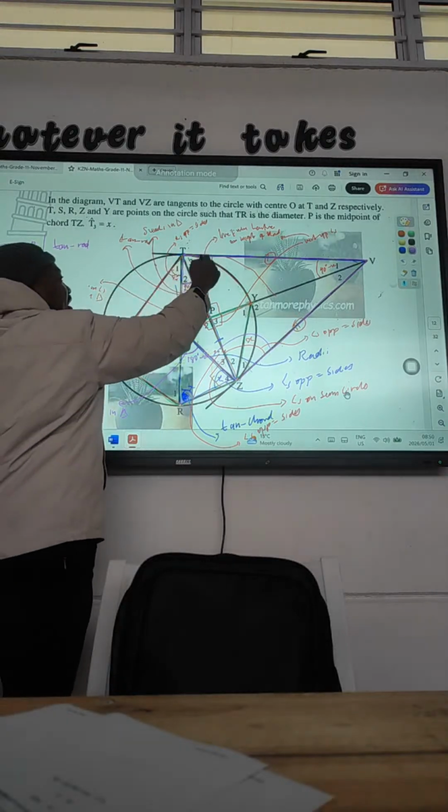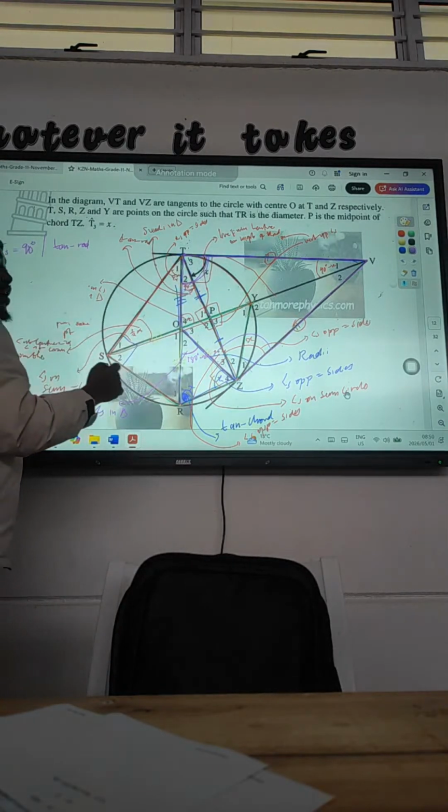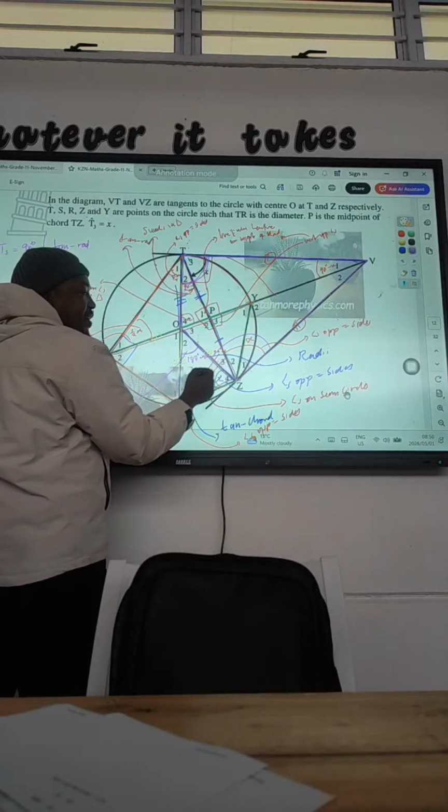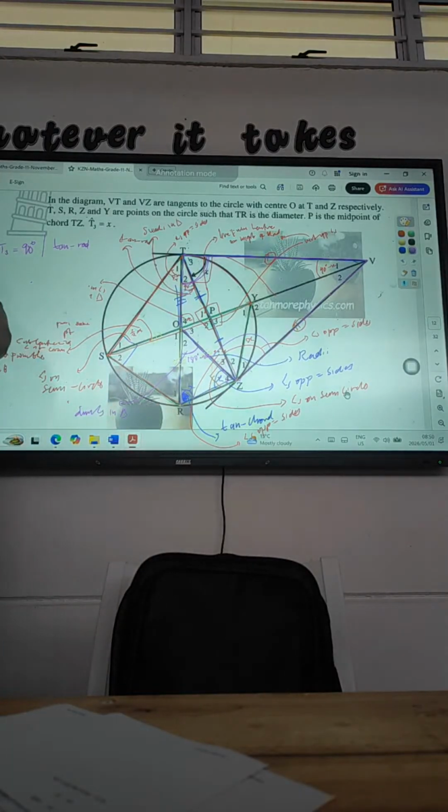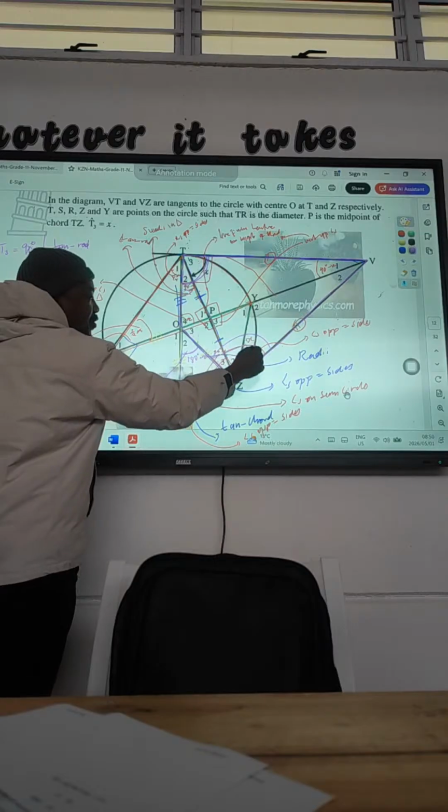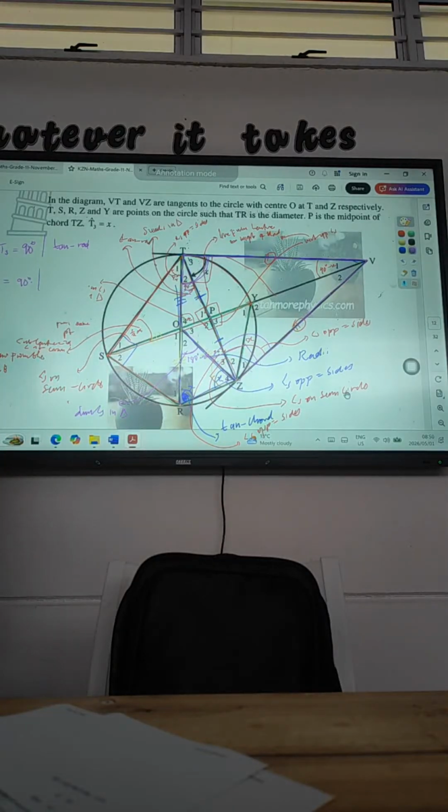Remember, it's making this angle. And then this side, the same thing. So we have Z1, 2, and 3 is equal to 90 degrees. Same thing. Do you see that? Grade 12, you see? Why we use the same thing.